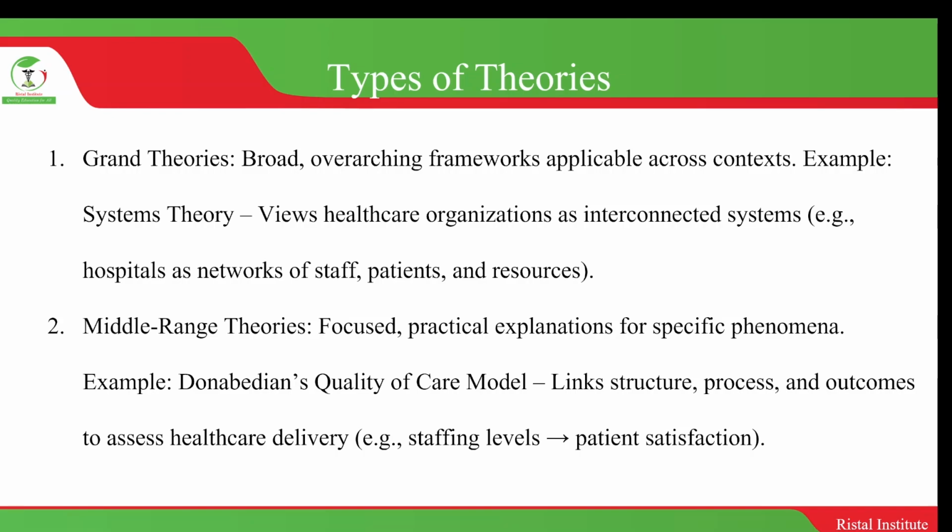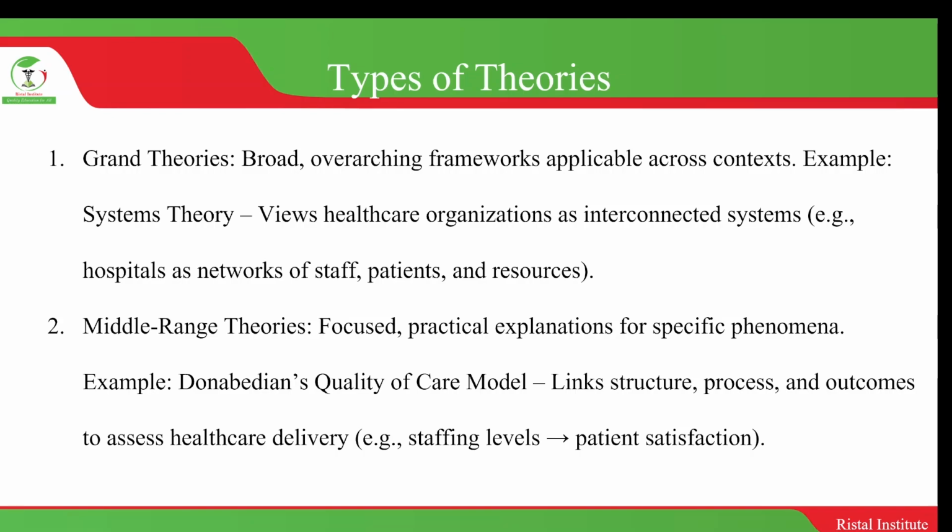You can find the systems theory in healthcare, in public health, in business, in almost everywhere. Systems theory is about the fact that in an organization, you have interconnected systems. So if you want to look at the organization, you need to look at these subsystems and how they are interconnected. That is an example of a grand theory. It can be applied in a wide range of fields.